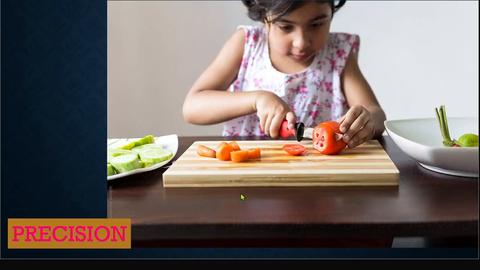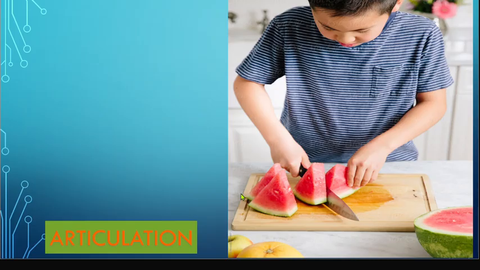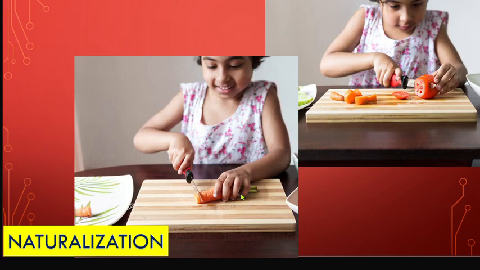Then precision, in this step you start cutting but you don't know how to do it in a precise way, as some vegetables are chopped vertically whereas some are chopped horizontally. Articulation, in this step you chop much better than in precision. At last naturalization, you learn how to chop the vegetables and make the dish.